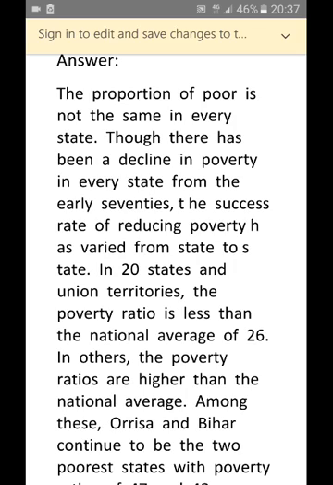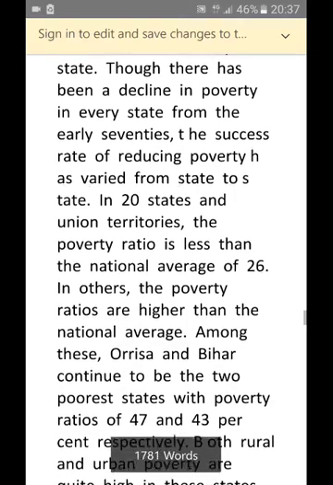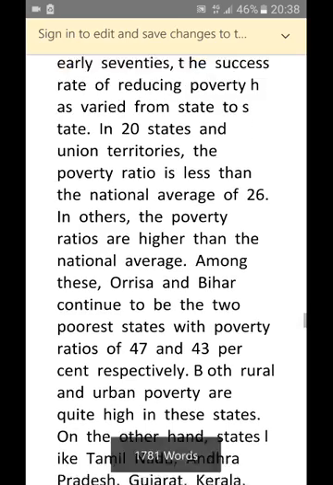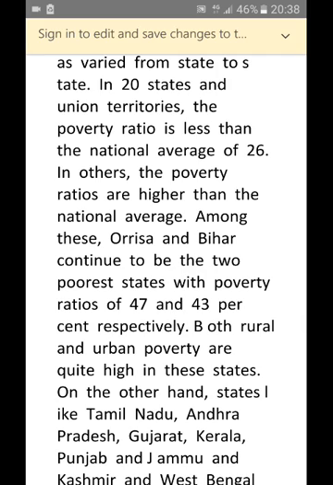The success rate of reducing poverty has varied from state to state. In 20 states and union territories, the poverty ratio is less than the national average of 26. In others, the poverty ratios are higher than the national average.